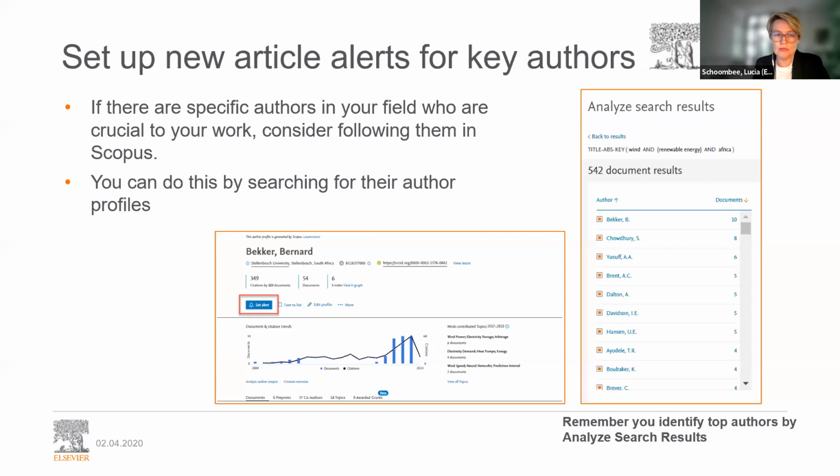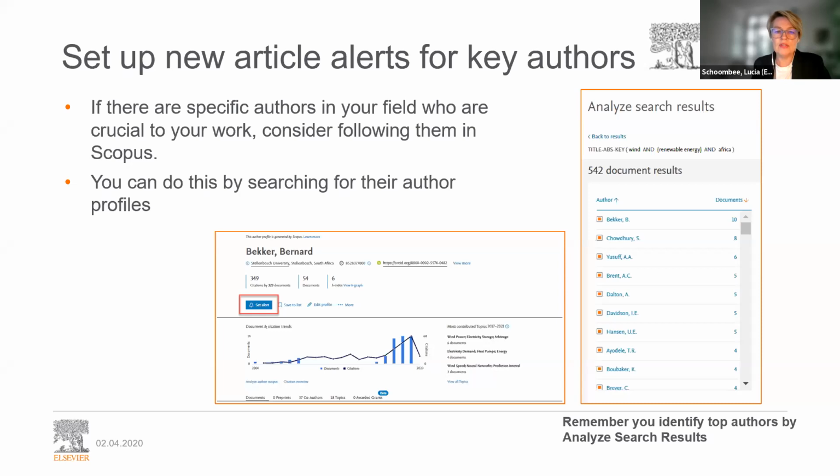It's very important for you to keep up with what they are publishing. And you should then also consider following them on Scopus. You can do this by searching by author profile. So on the homepage of Scopus, there's an option for an author search. This will take you to the author page or the author profile of the researcher.